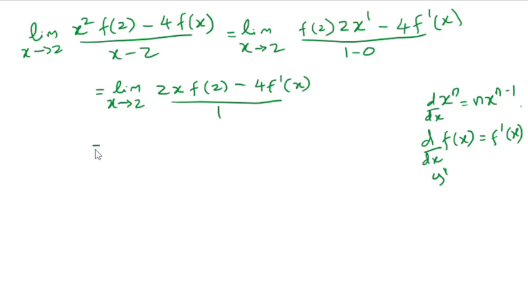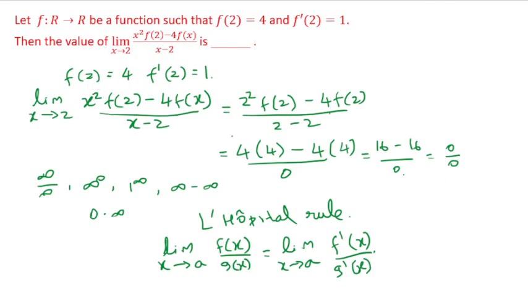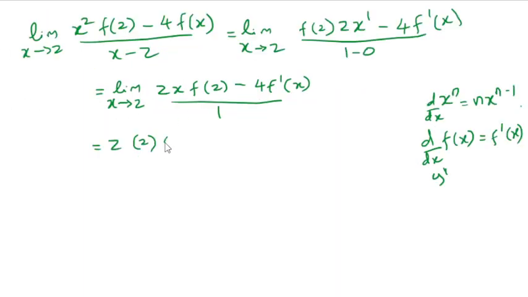Substituting 2 in place of x, we get 2 times 2, f of 2. What's the value of f of 2? We just replace that. f of 2 is 4. So we get 4 here minus 4 times f dash of, in place of x, we put 2, over 1. The denominator becomes 1, we don't need to write that.